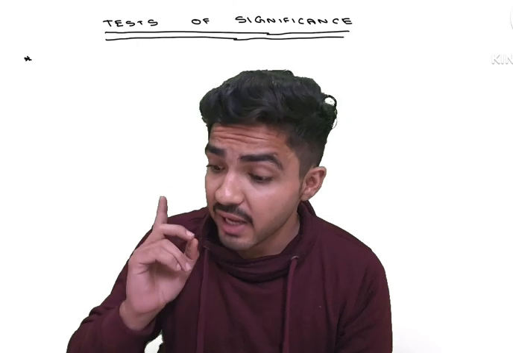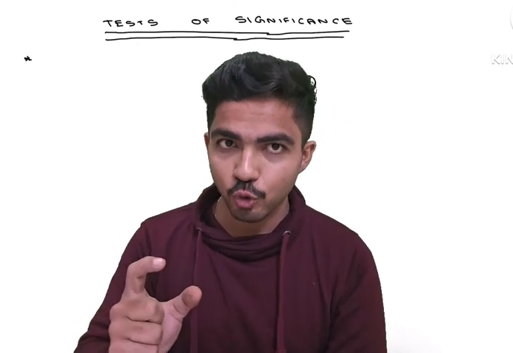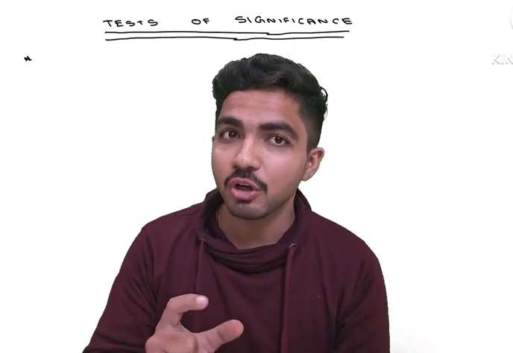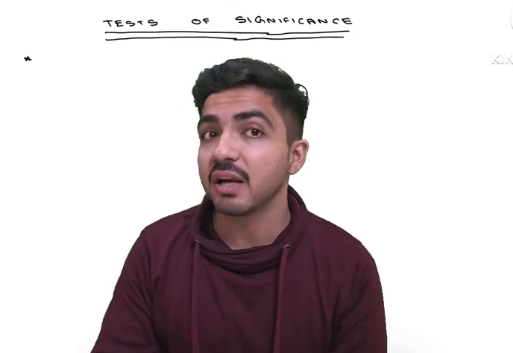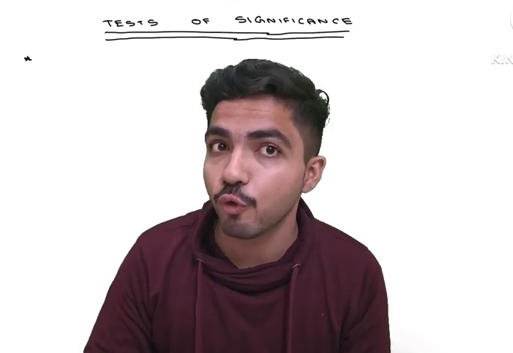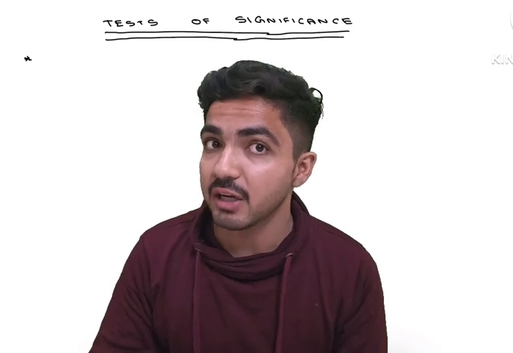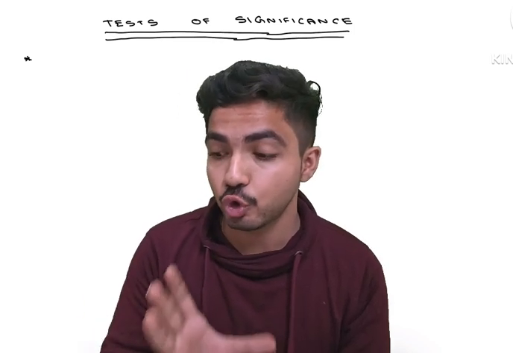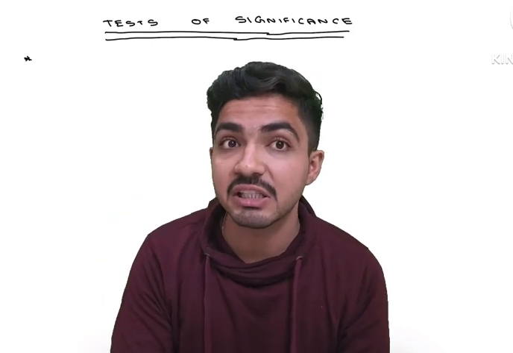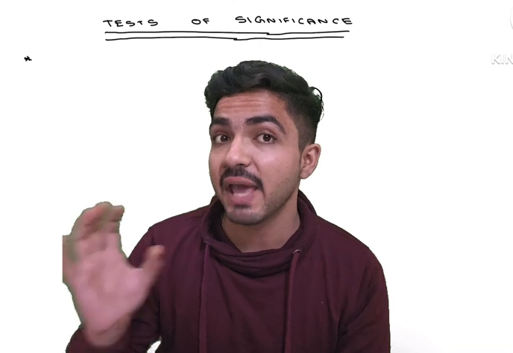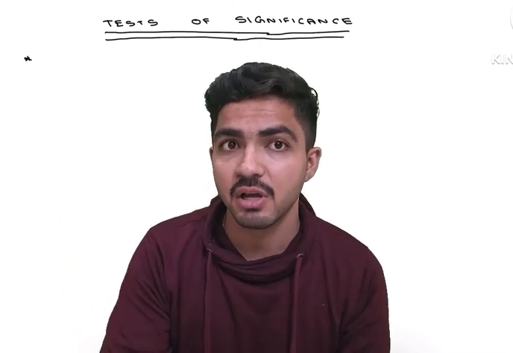For the calculation of p-value, I have to put all my data into a computer and the computer generates a p-value for me. If the p-value is less than 0.05, that means the results you are obtaining are statistically significant. Drug X is not the same as drug Y. Drug X is better than drug Y.